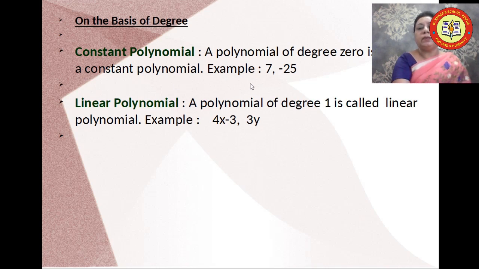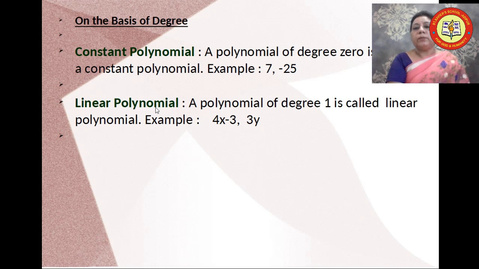For example, here I have a single number 7. Yet I can express this as a polynomial where the degree of the variable is 0. So 7 can also be written as 7x raised to 0. So we say that the degree of the polynomial is 0, or it is also a constant polynomial. Next is linear polynomials. What's a linear polynomial?